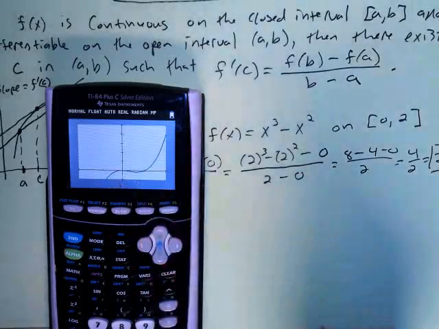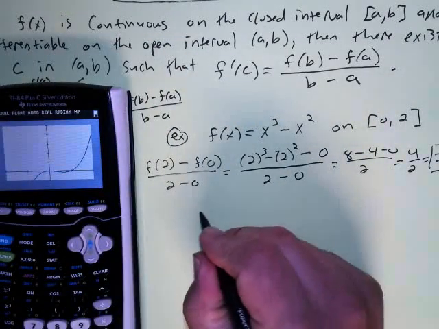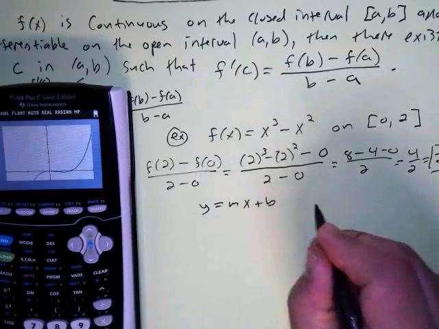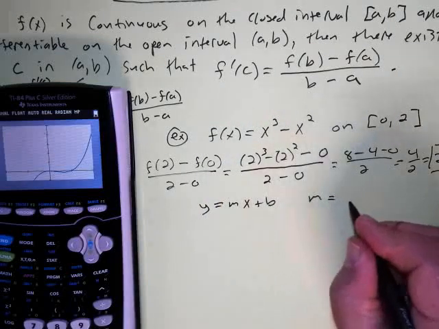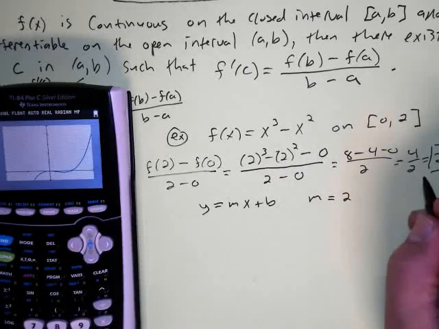Now, I can actually get the secant line pretty easily, because the secant line will be y equals mx plus b, where m is equal to 2. That's our slope here.